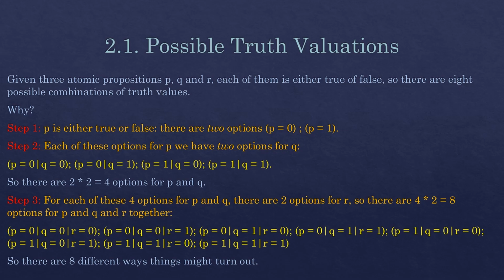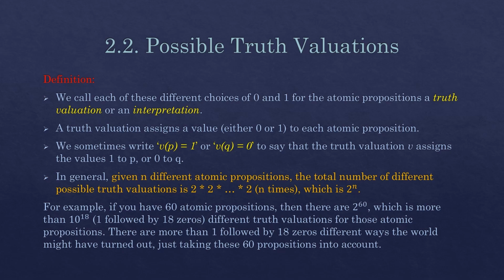You can see below all the 8 options. For example, option 1, P equals 0, Q equals 0, R equals 0. Option 2, P equals 0, Q equals 0, R equals 1. Our next option is P equals 0, Q equals 1, R equals 0.